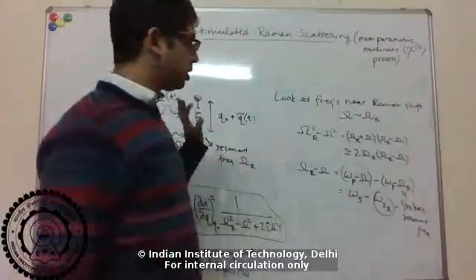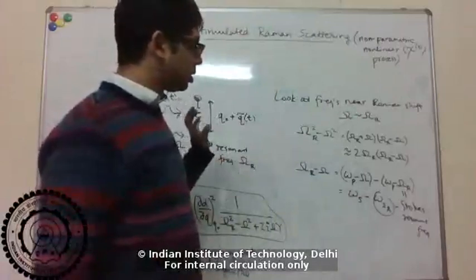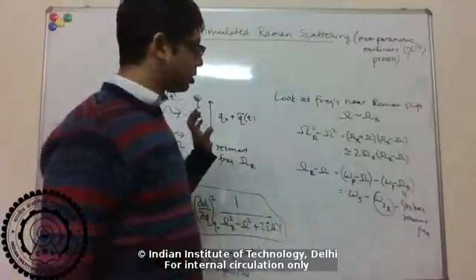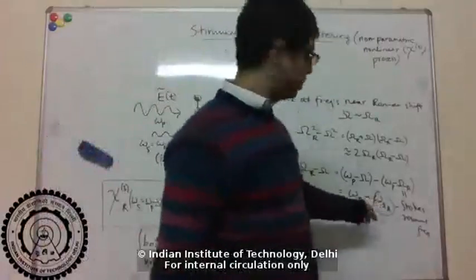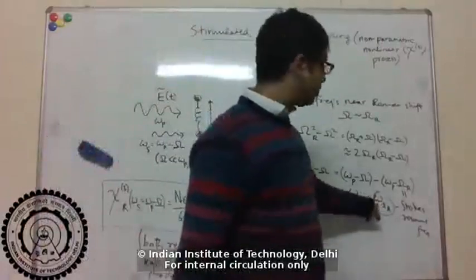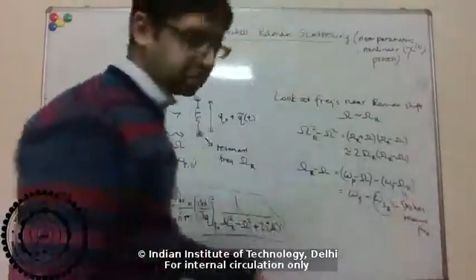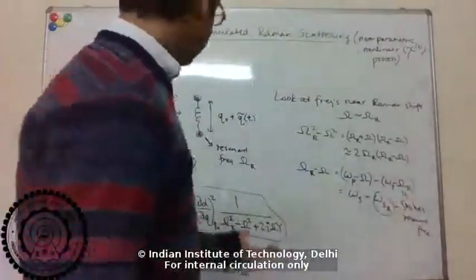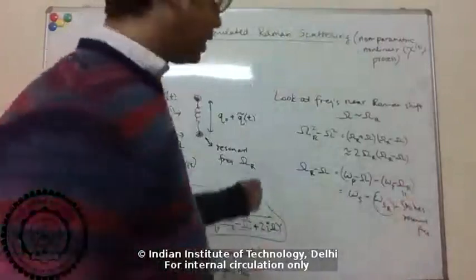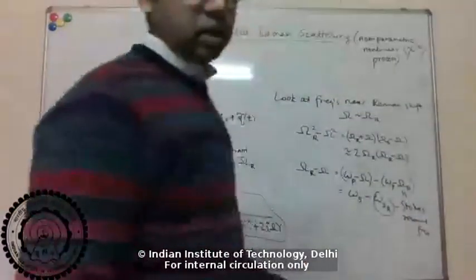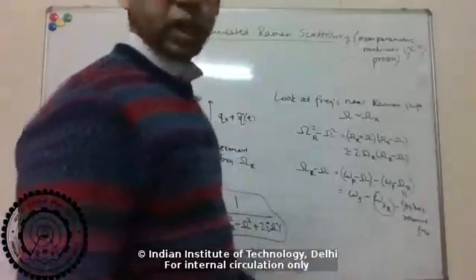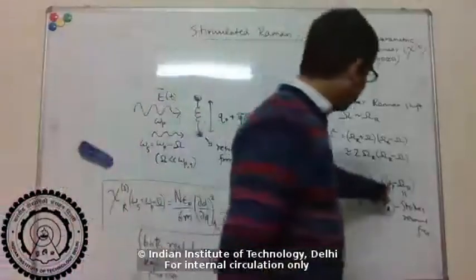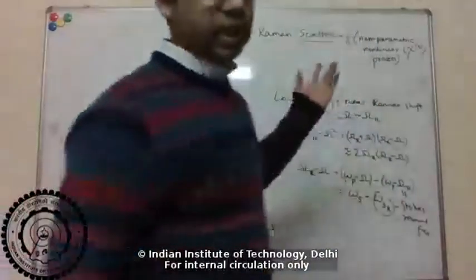I have a confusion regarding resonant frequency and Raman frequency. So omega r is the resonant frequency. This small omega is the optical frequency, whereas this capital omega is the frequency of the vibration. These capital omegas are low frequencies, a few terahertz, whereas these small omegas are optical frequencies at hundreds of terahertz.